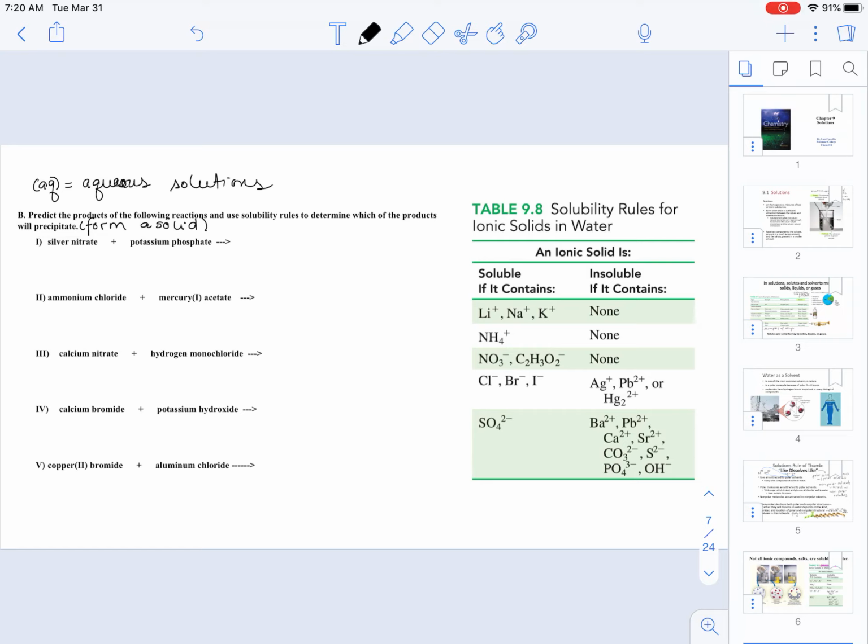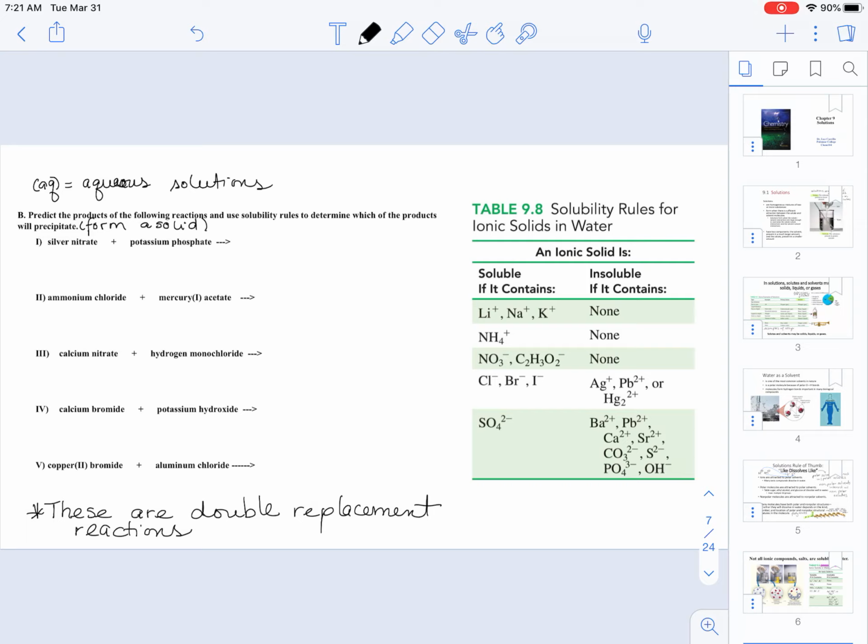So let's get started. The first set of reactions that we have, all of these are double replacement reactions. And remember that in double replacement reactions, what we have is the exchange of partners in the reactants, and that's how we're going to form products.